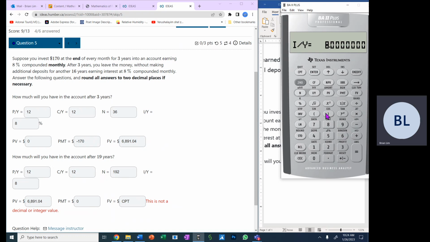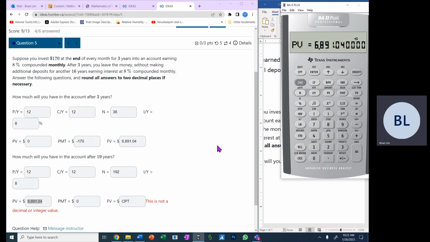And then we can recall the present value to make sure what we had was entered. Now, if you don't like carrying all those decimals, then you're more than welcome to put in 6891.04. All right, so there is the present value.